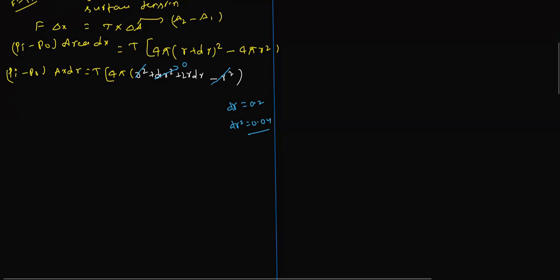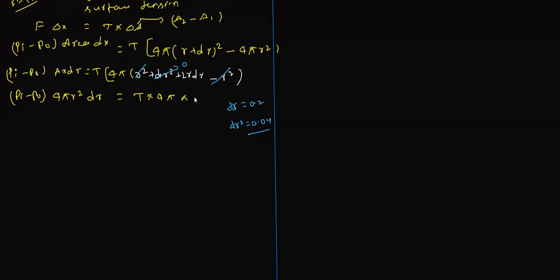Therefore we get Pi minus P naught into area, where the area is 4 pi r square, into dr, equal to T into 4 pi into what remains here, 2r dr. So dr gets cancelled, and 4 pi gets cancelled. We get 2T, and one r gets cancelled, so 2T divided by r, since r remains with power 1 and comes to the left side. Therefore Pi minus P naught equals 2T divided by r.